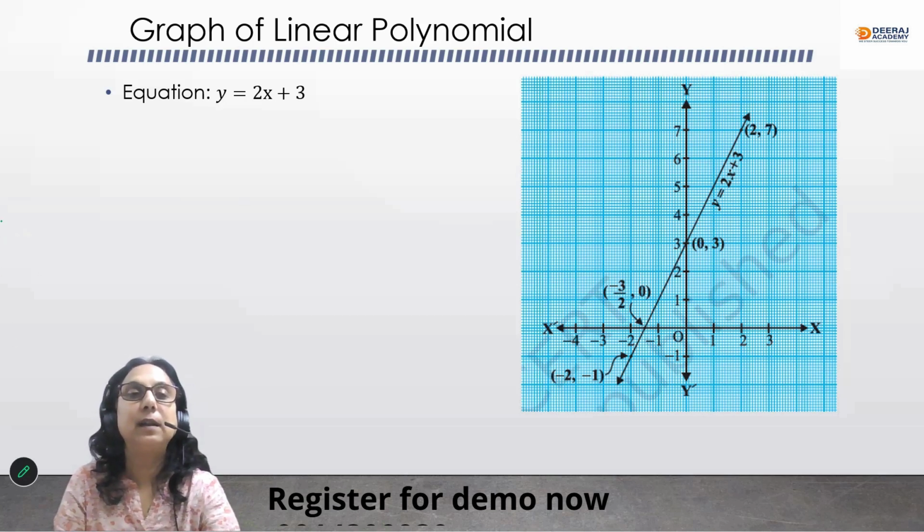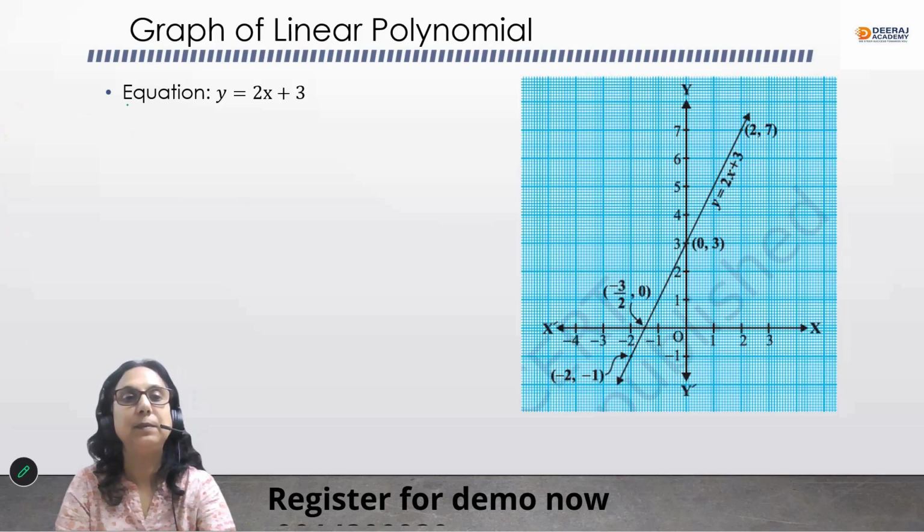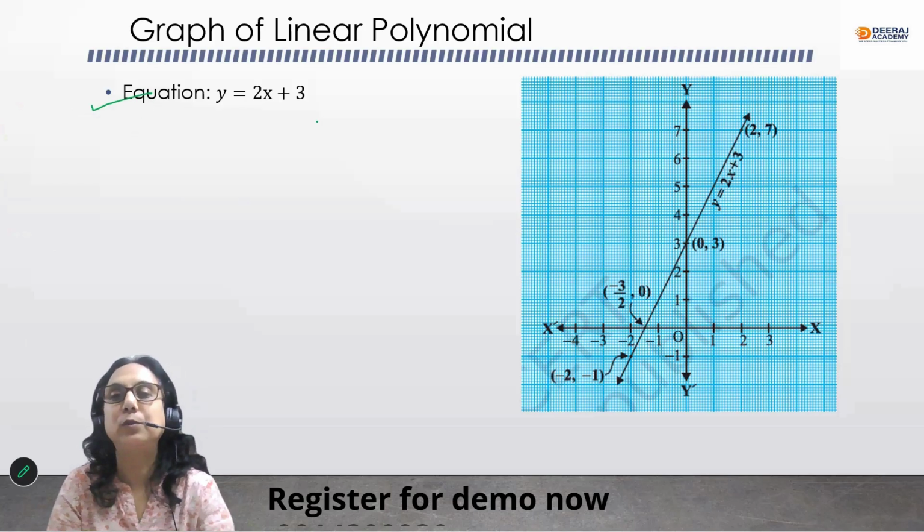Now we will learn how to find graphically the zeros of a linear polynomial. So this is the equation y = 2x + 3. You can see in the graph that this is y = 2x + 3.